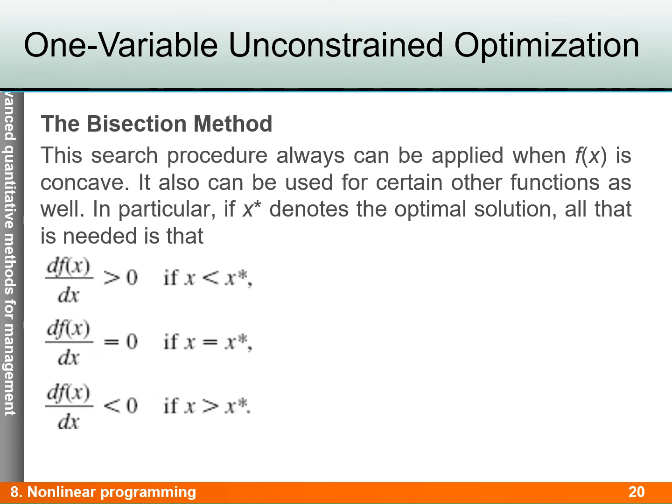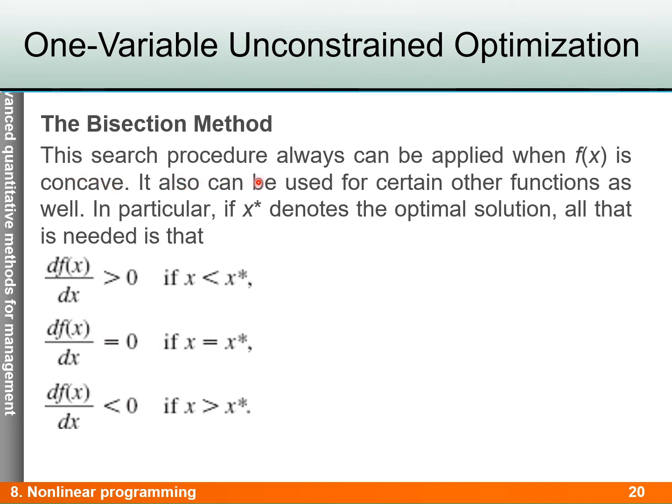Now we review the bisection method, and to clarify this concept better, we finish this video with one thorough example of this part. This search procedure can always be applied when f(x) is concave, obviously, as we reviewed before, but it can also hold when the second derivative is positive for some values, but not all of them.